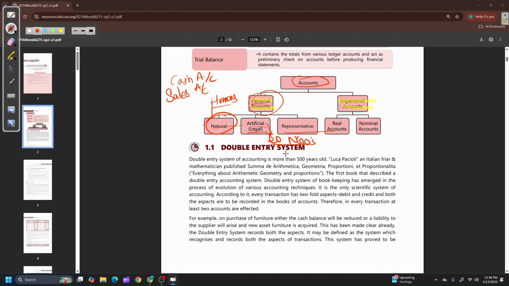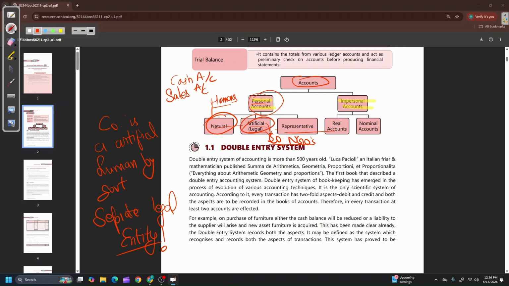Why companies and NGOs? Because we studied that a company is an artificial human created by the government. It's a separate legal entity, right?